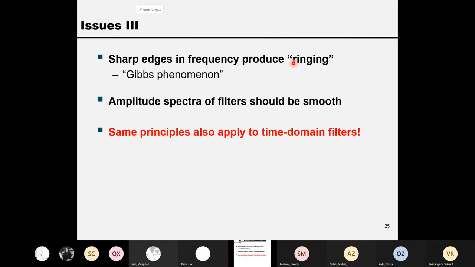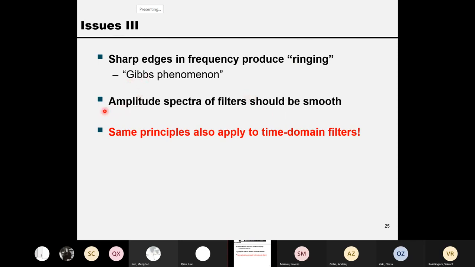Another issue in Fourier transform domain filtering is the Gibbs phenomenon. That's a very important one. In the time domain seismic signal, you will see ringing. It's not smooth, but has some ringing. I'll show you examples.